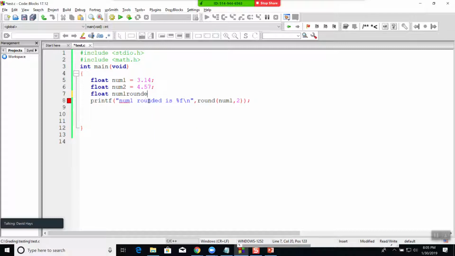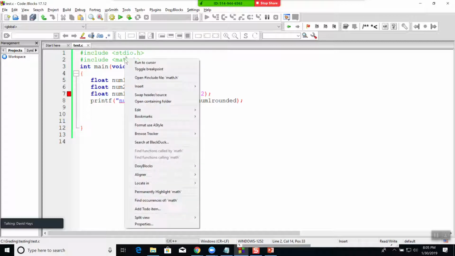Num1 rounded equals round num1. Okay, so I'm not remembering the round function correctly. Maybe there isn't a round function in math.h.